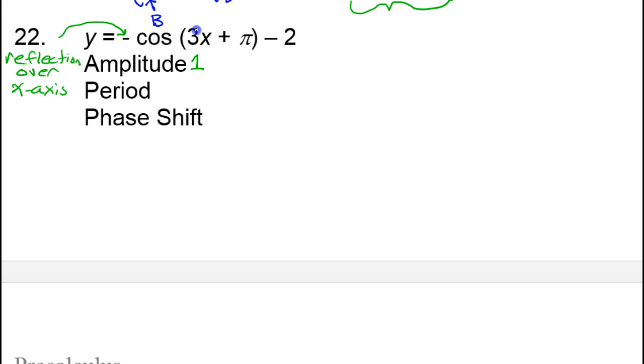Now the b value is going to end up being this 3. But before I judge the period and the phase shift, I really need to rewrite this function. So I cannot leave it as 3x plus pi. I must factor out the 3 outside of parentheses, like this.